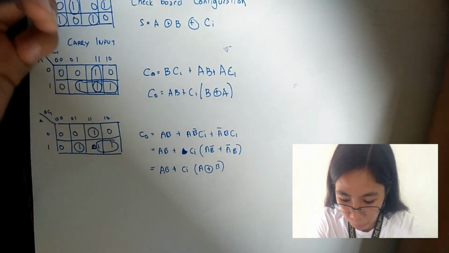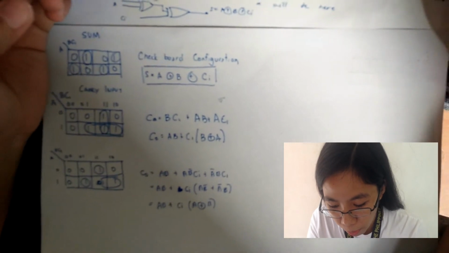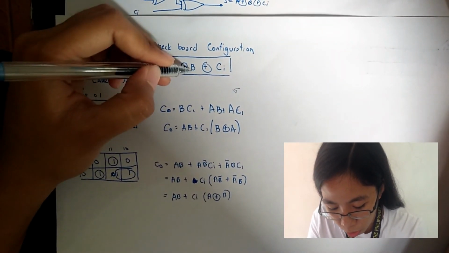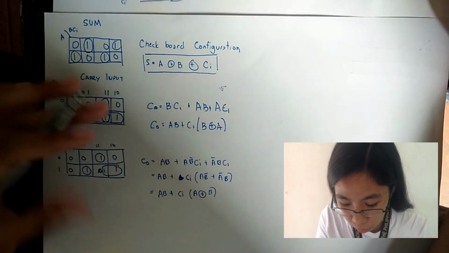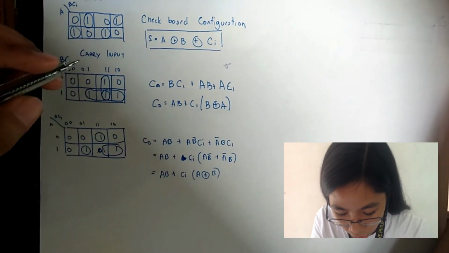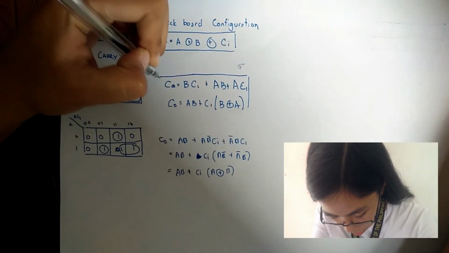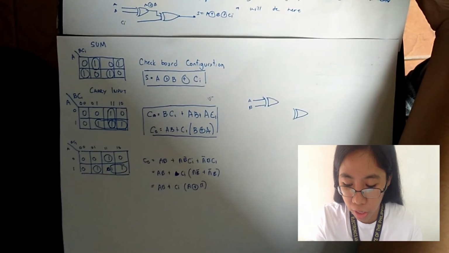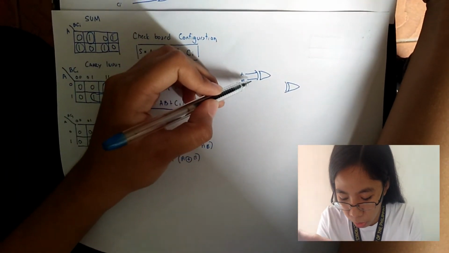In the K-map, at the end of the presentation, we will have our sum as S equals A XOR B XOR C input, and our carry output as this. It is very easy to implement on the circuit. We will have two 2-input XOR gates.